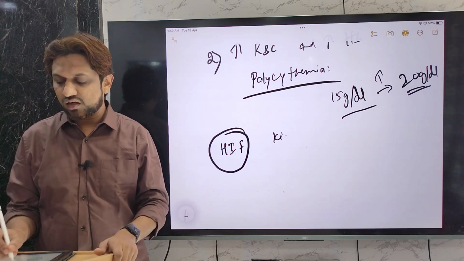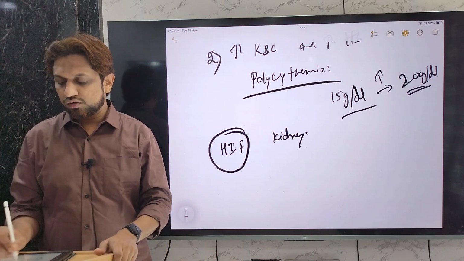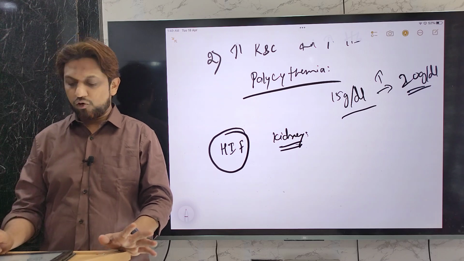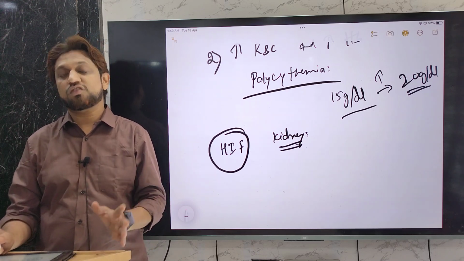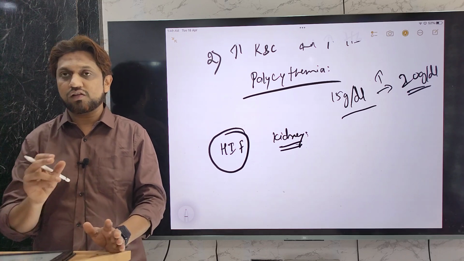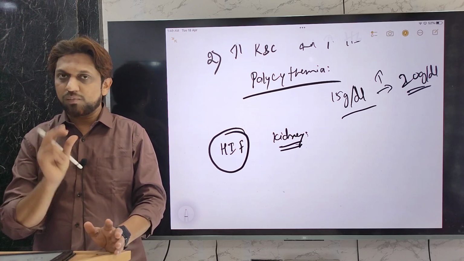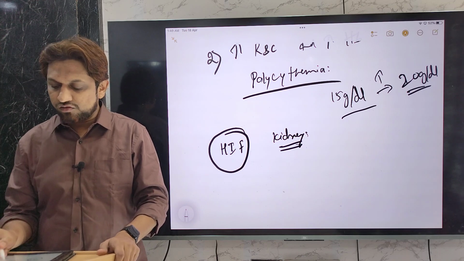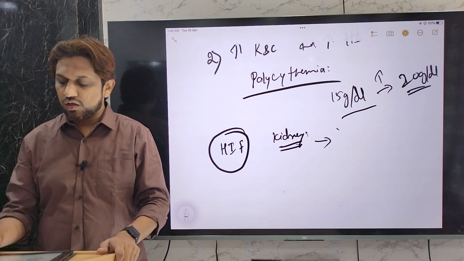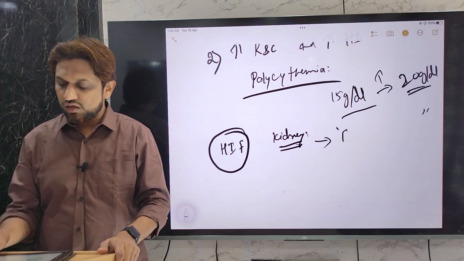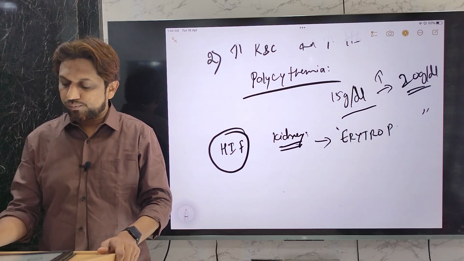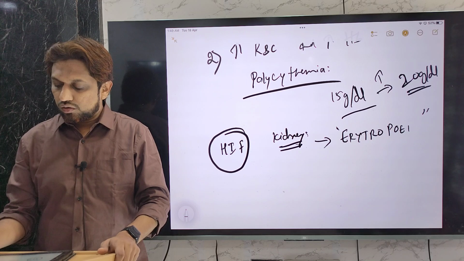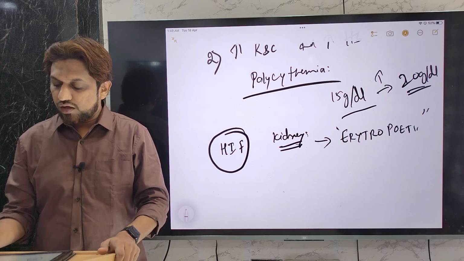In the kidney, these hypoxia inducible transcription factors stimulate the interstitial cells, the fibroblast cells near the peritubular capillaries. That will stimulate the production of one very important glycoprotein known as erythropoietin.